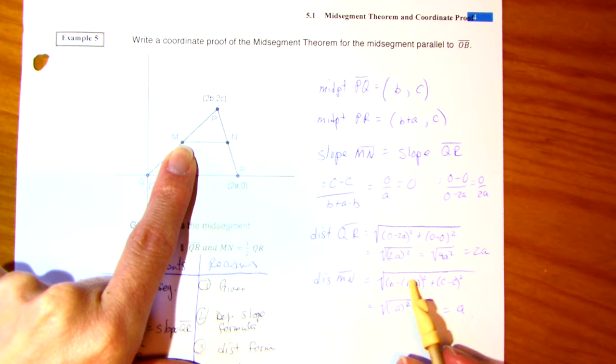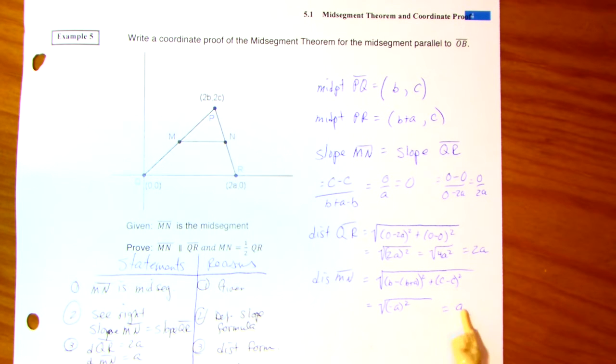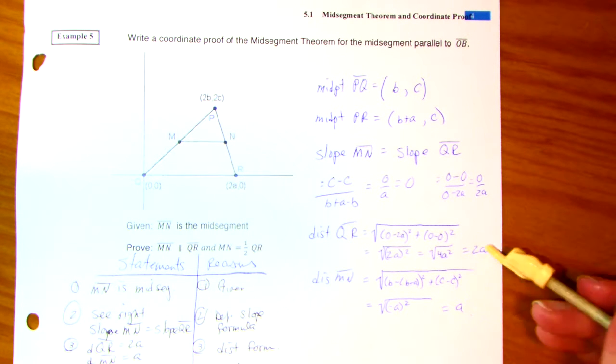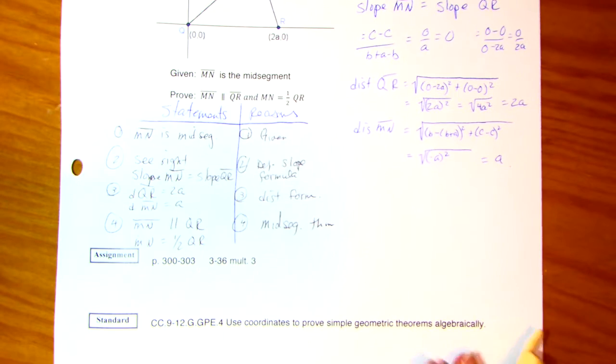Well, if you distribute the negative, the b's are gone, you'll have a squared. When you square and square root cancel, you just get a. Look at this. That's half. They're parallel. All right, so the proof itself is pretty straightforward.